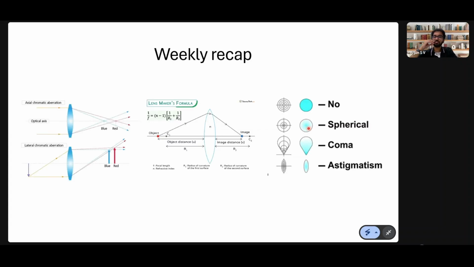Over the course of these 10 weeks, we have been learning more about light and optical phenomena, including absorbance, fluorescence, as well as phosphorescence.